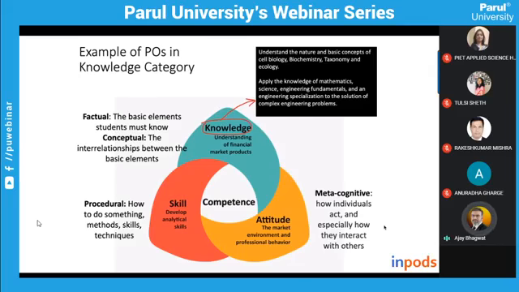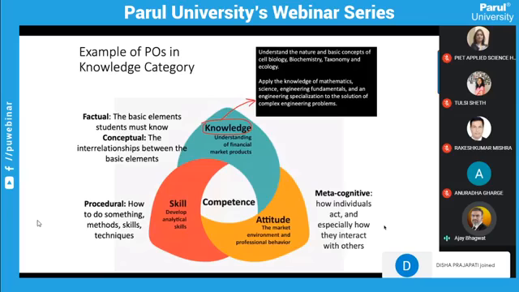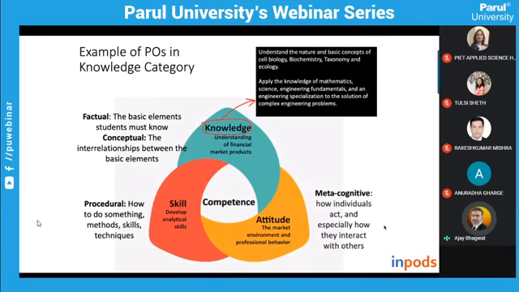For example, understand the nature of and basic concepts of cell biology, or apply the knowledge of mathematics. So it is actually more of factual and conceptual level program outcomes. So naturally, these program outcomes could be delivered by the courses which are delivering factual and conceptual knowledge.